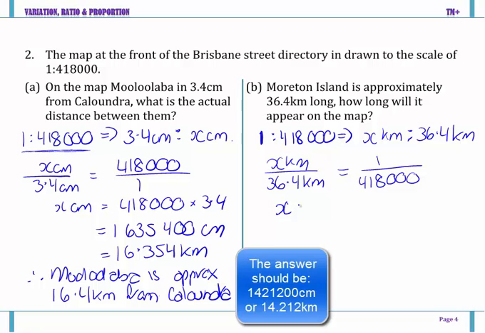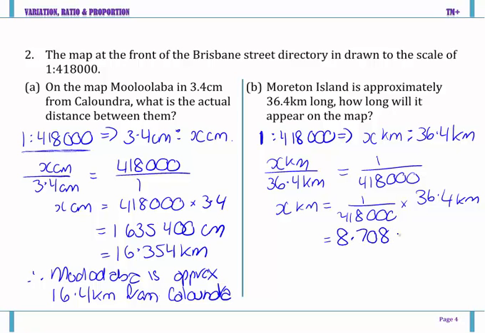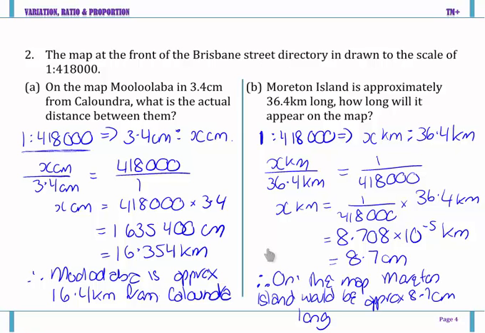From there, x kilometres is going to be 1 over 418,000 times by my 36.4 kilometres, and that will give me, if you plug it into the calculator, 8.708 times 10 to the negative 5 kilometres. Converting into centimetres, I get 8.7 centimetres. Finish with a therefore statement. So you have, on the map, Moreton Island would be approximately 8.7 centimetres long.